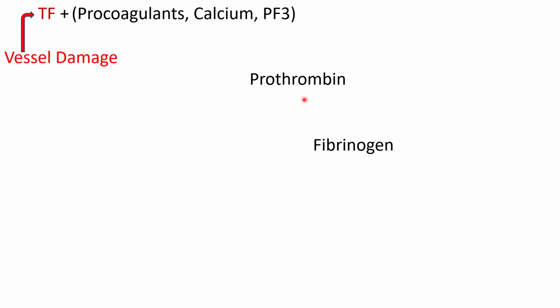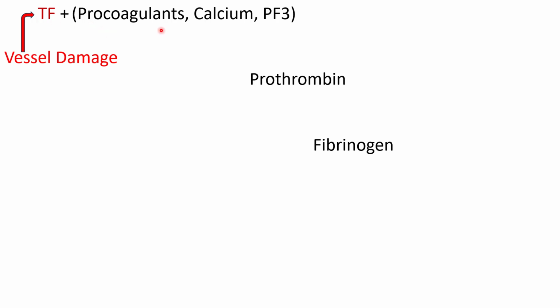Tissue factor is released from damaged tissue. If there is no damaged tissue, there should not be any tissue factor around. But when there is damaged tissue, tissue factor starts to build up. Now it gets into the blood and circulates, but as it's circulating, it's being diluted, except for the spot where the vessel damage is. Wherever there is damaged tissue, there is a very high concentration of tissue factor.